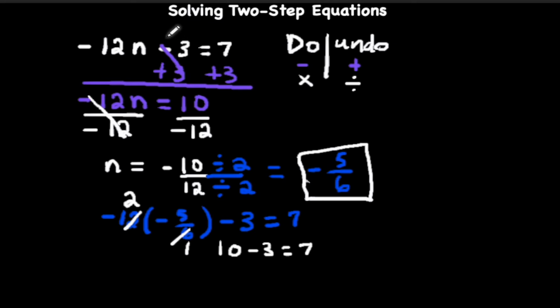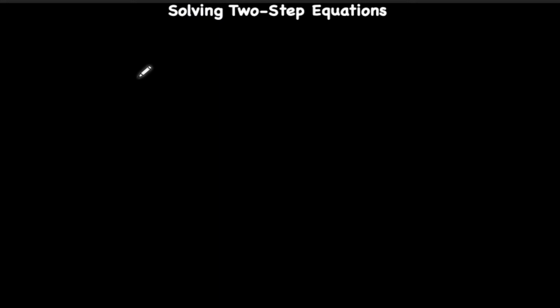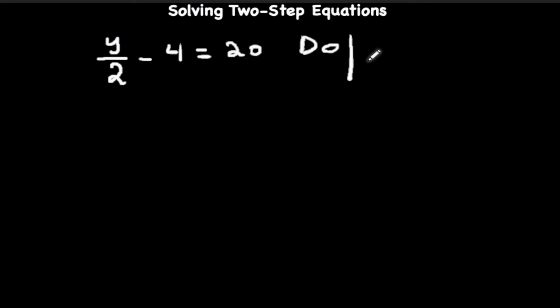So what about a different problem? Let's wipe this out. Let's say you're given y divided by 2 minus 4 is equal to 20. Let's set up this do and undo.